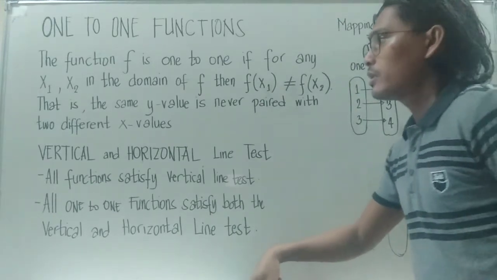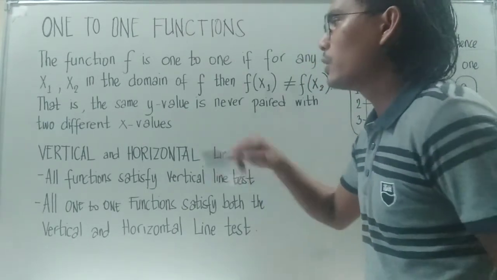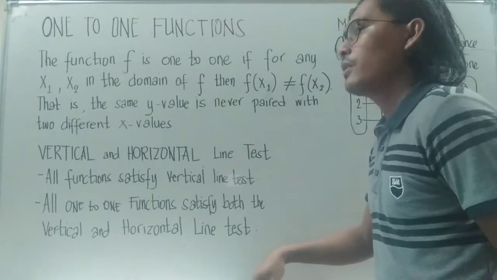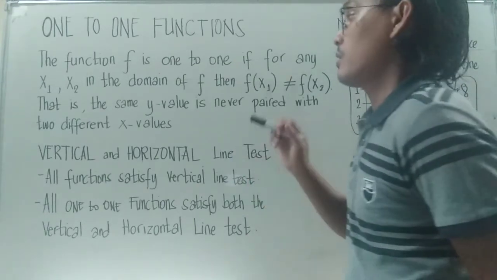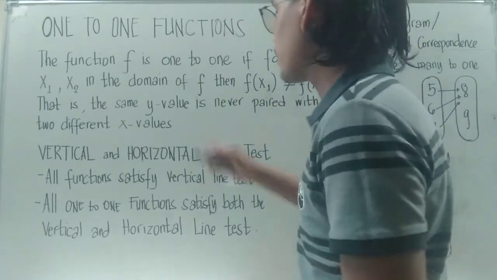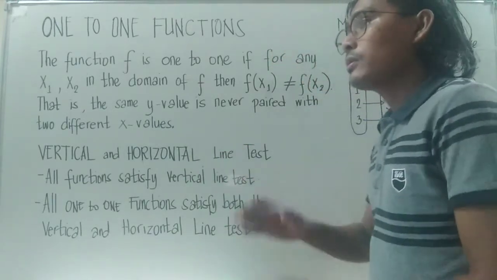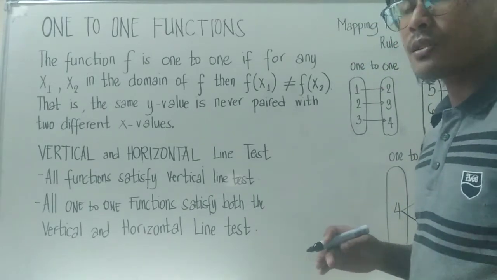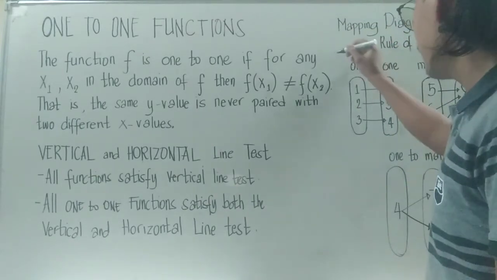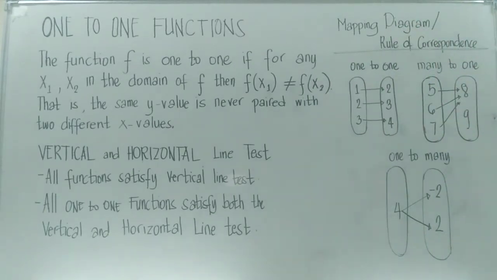That is, the same value y is never paired with two different x values. It means that each value of the domain is paired with a unique range value. We will try to review it using the mapping diagram and rule of correspondence.